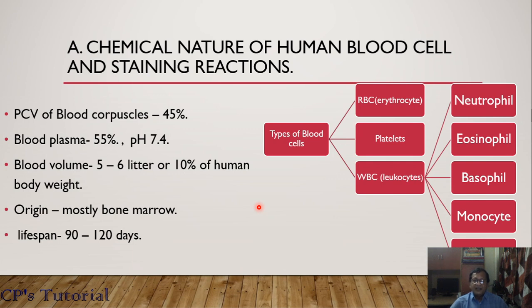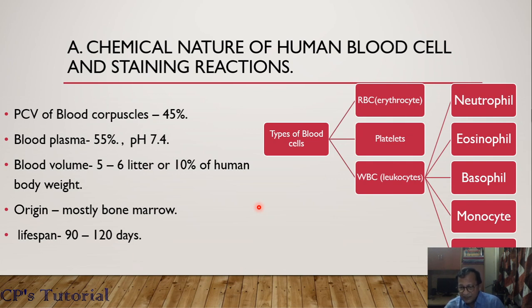Anyway, my concern is regarding the blood corpuscles. The blood corpuscles are heteromorphic, as I have already told. That means the classification of these corpuscles has been determined mainly on three factors.